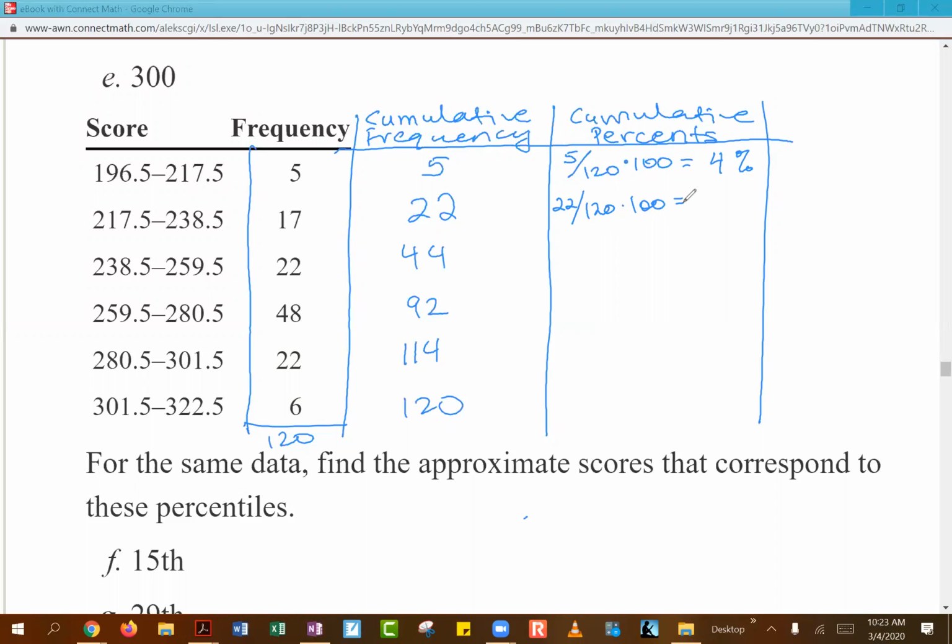What did we get for 22? 18%, and these are all rounded answers. 44 should technically be double of that, right? But with the rounding, what do you get? 37%. Okay, so that would then be 92 out of 120.